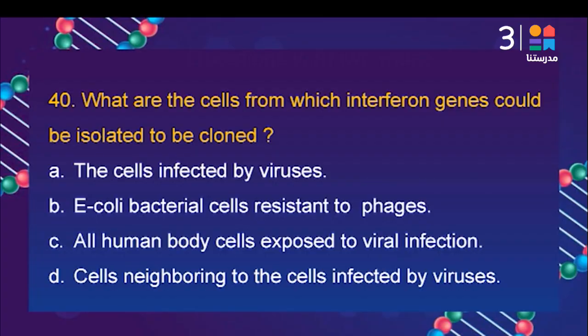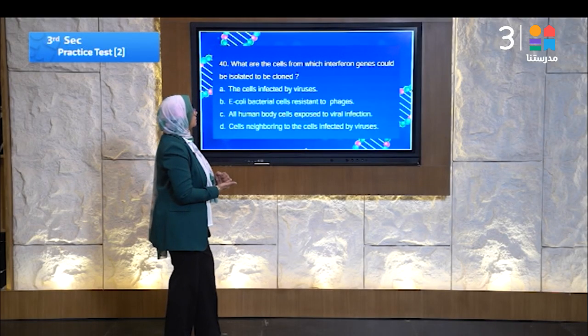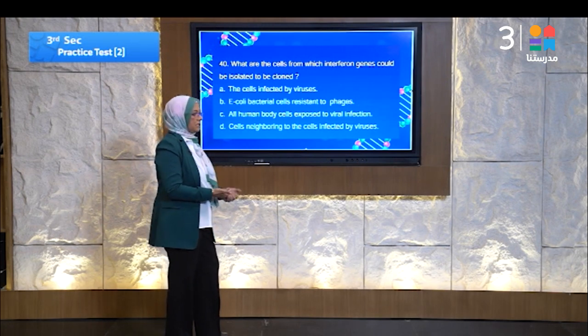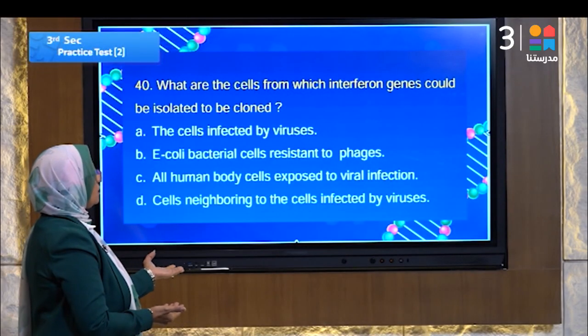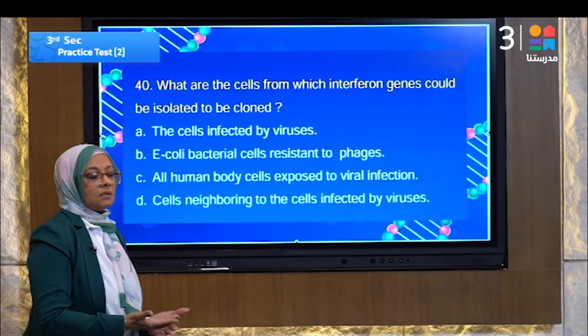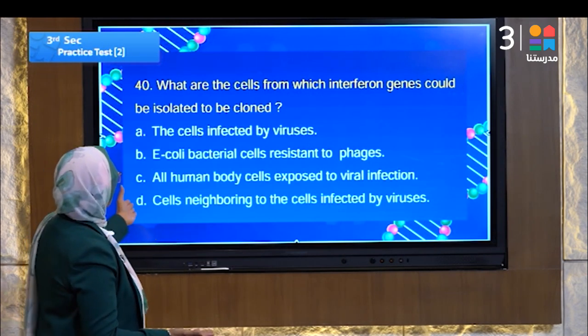What are the cells from which interferon genes could be isolated to be cloned? Interferon genes. Oh, it's immunity. It's helpful for many diseases. Interferon may be injected for many diseases. Okay, let's go to the choices.